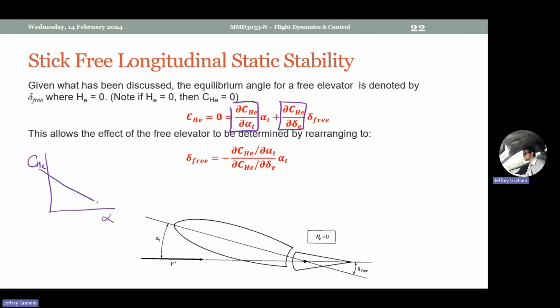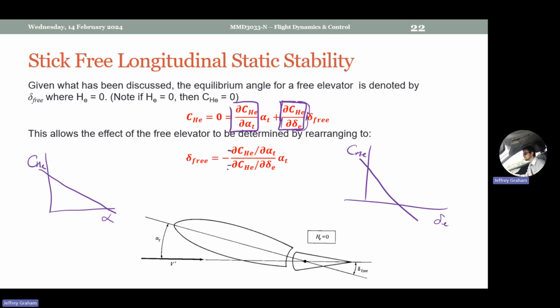That one is typically negative. And you can plot the elevator deflection against the hinge moment. It is partial because they're the only two things involved here. Again, that one's negative, so that means we've got a minus sign there. That value is typically negative.